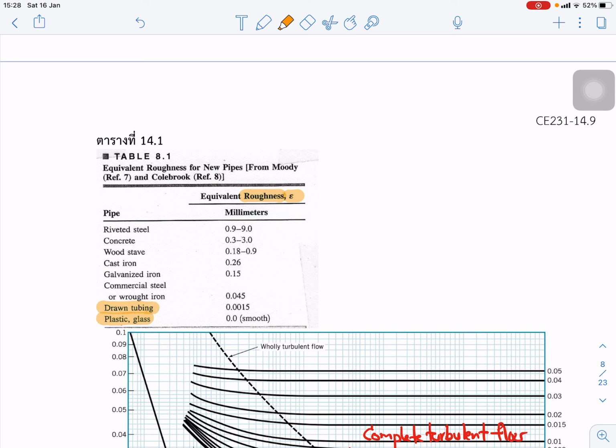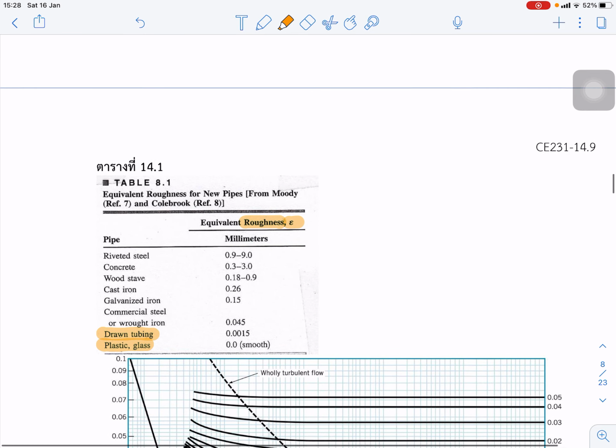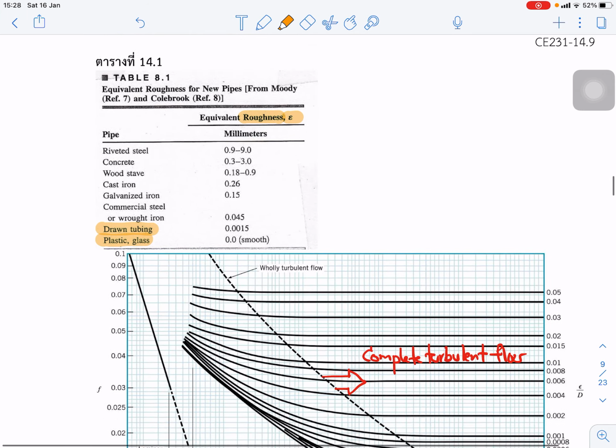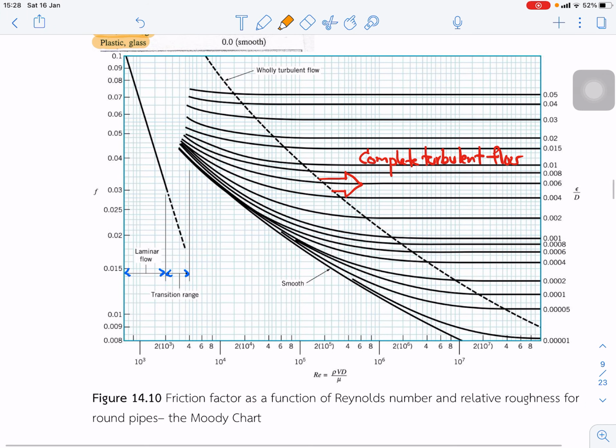And drawn tubing, as in a copper pipe, is very small. And figure 14.2 shows the functional dependence of f on the Reynolds number and roughness, that we call the Moody chart.